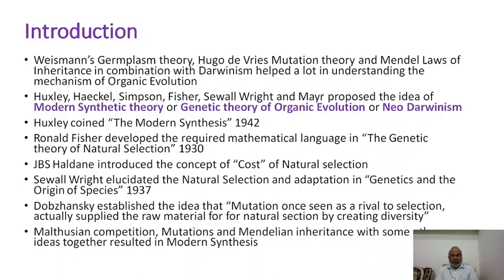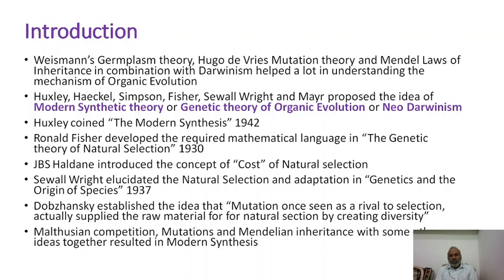Friends, you know very well that the very important criticism of Darwinism is that Darwin explained survival of the fittest but not arrival of the fittest. How the variations arrive, Darwin did not explain. But Hugo de Vries explains that variations occur because of mutations.